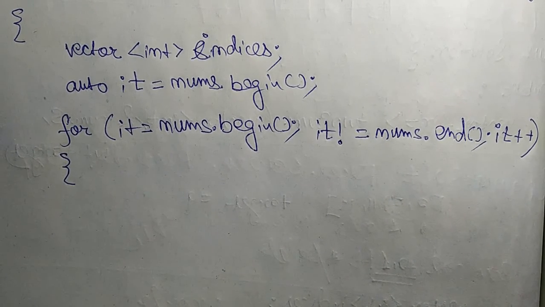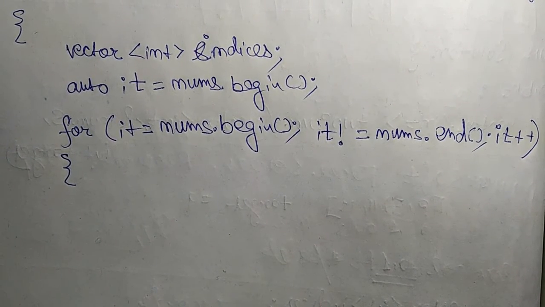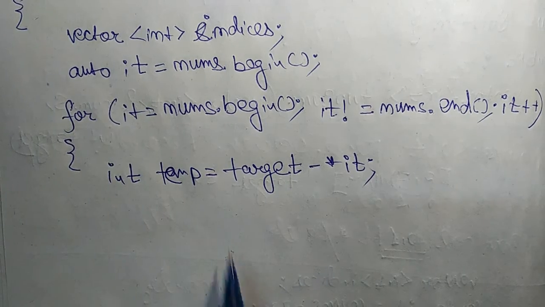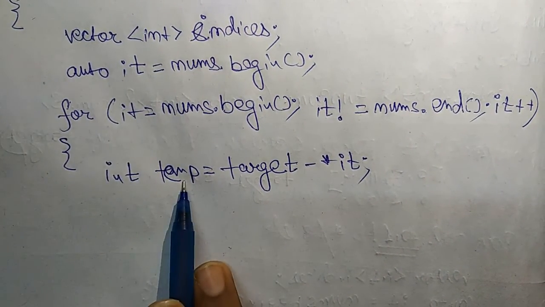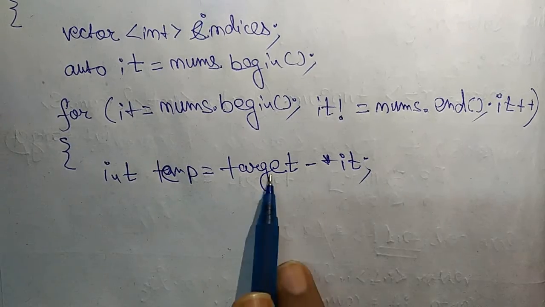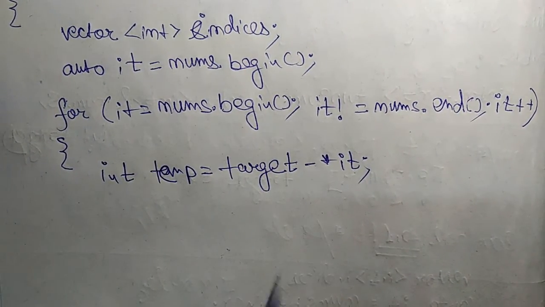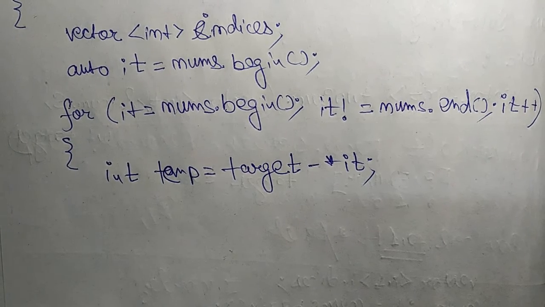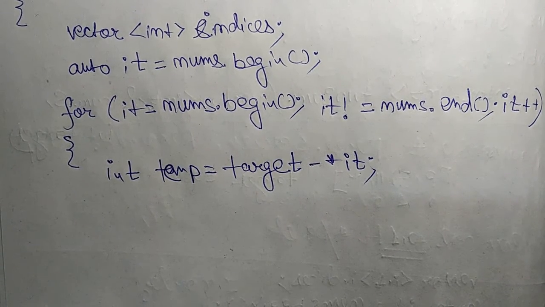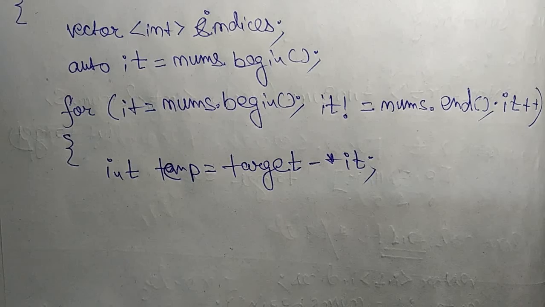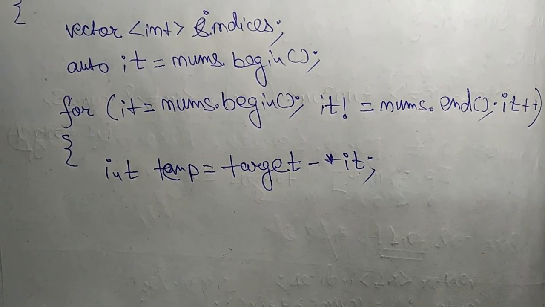Here I will declare another variable, which is temp. I have declared a temporary variable which is target minus the pointer it, which gives the value that, if it is in the vector, means our question is done and we will get the two positions.